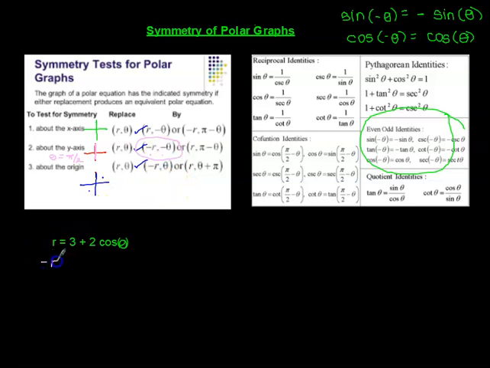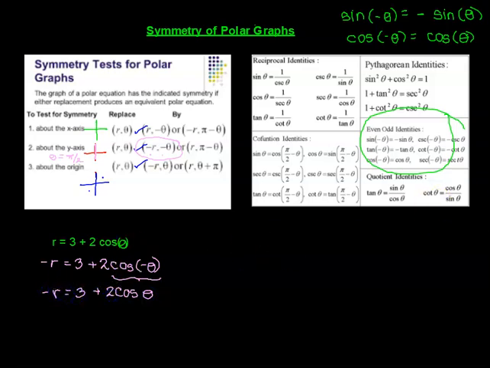So I'm going to write negative r equals 3 plus 2 times cosine of negative theta. Well, I already know the cosine of negative theta up here is positive cosine of theta. I'm going to drop everything else down, and I'm going to get r by itself.